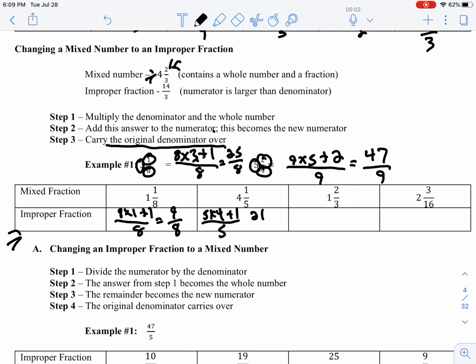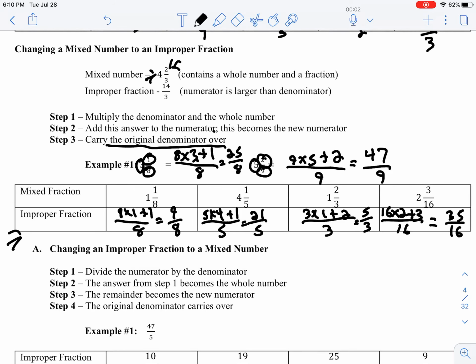And I'm going to get 21 over 5. 3 times 1 plus 2 over 3, and I'm going to get 5 over 3. 16 times 2 plus 3 over 16. 16 times 2 is 32, plus 3 is 35 over 16.